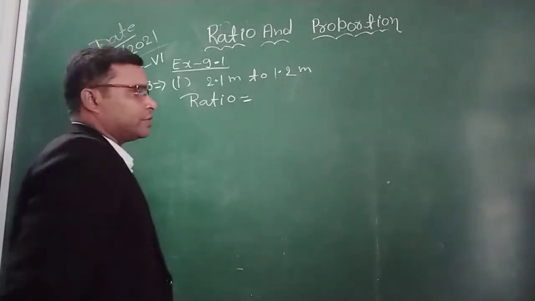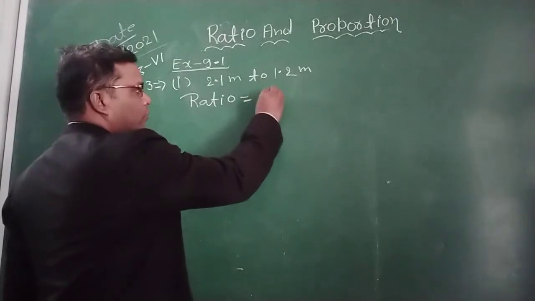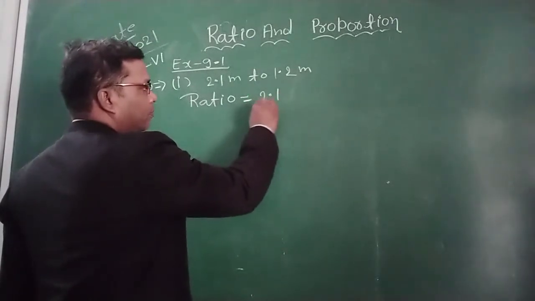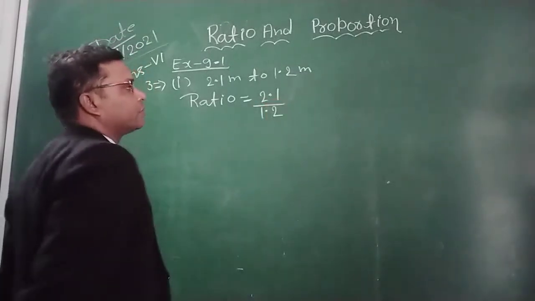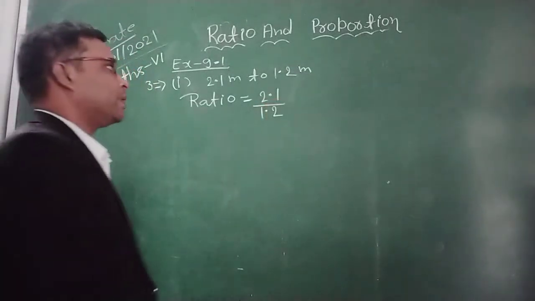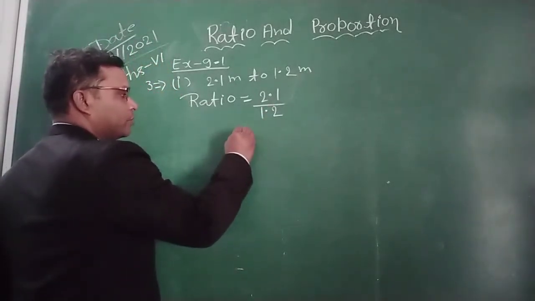Student, you know very well, ratio has no unit. So if you multiply by 10 in both, then you get both numerator and denominator as whole numbers.